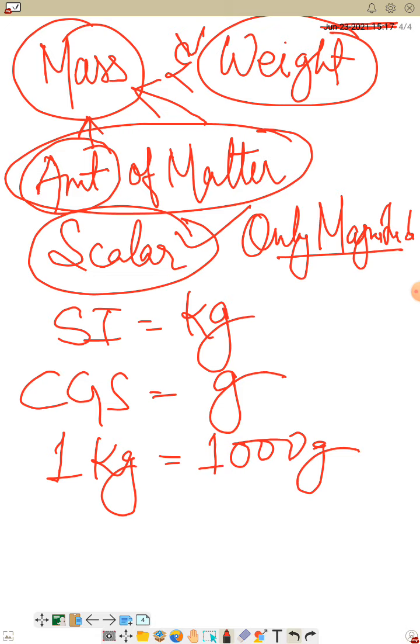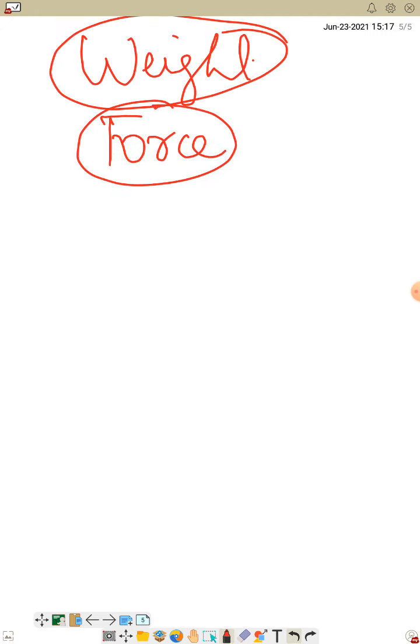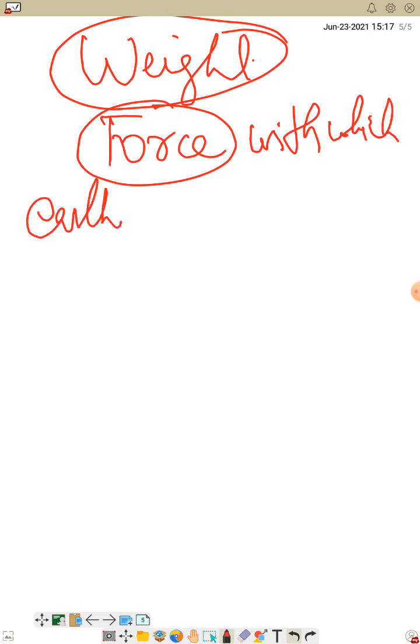Yes. Okay. Now the other one is weight. Now what is weight? Weight is a force. See, weight भनेको चाहिँ के रहेछ? Force रहेछ. Weight is the force with which earth pulls an object.